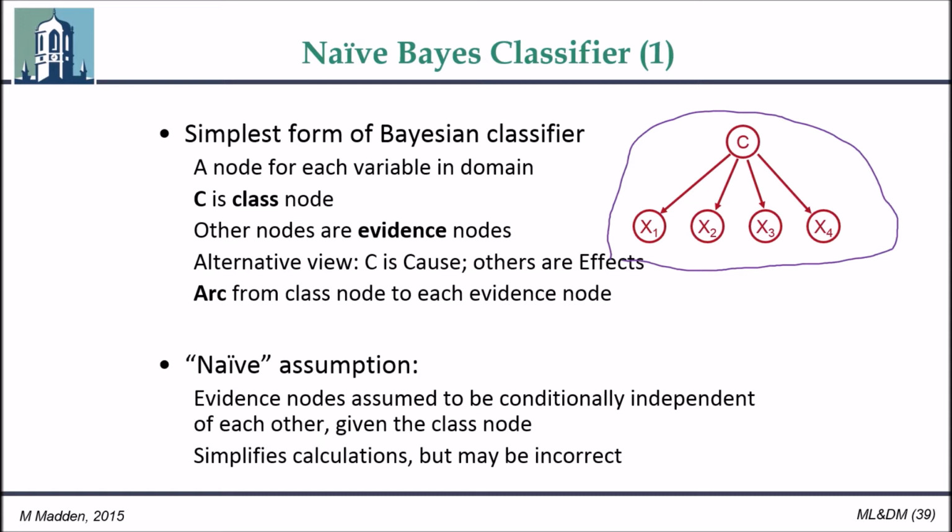And the reason we call it the naive assumption is that the naive Bayes classifier makes this assumption always, even if we know that that assumption is actually untrue and we're kind of violating it. But we go with it anyway because it just simplifies our calculations. So sometimes we will work with variables where we know there are interdependencies between these evidence nodes, but if we're using naive Bayes, we just have to pretend they don't exist.